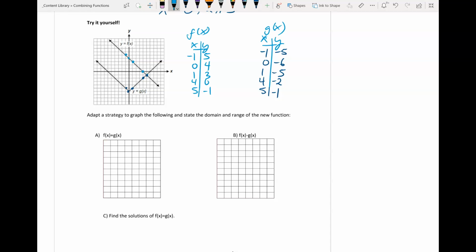Then I'll create my table values for these combined functions. So for f of x plus g of x, I'm keeping my x value the same, but I'm going to add our y values. So we have 5 plus -5, which is 0.